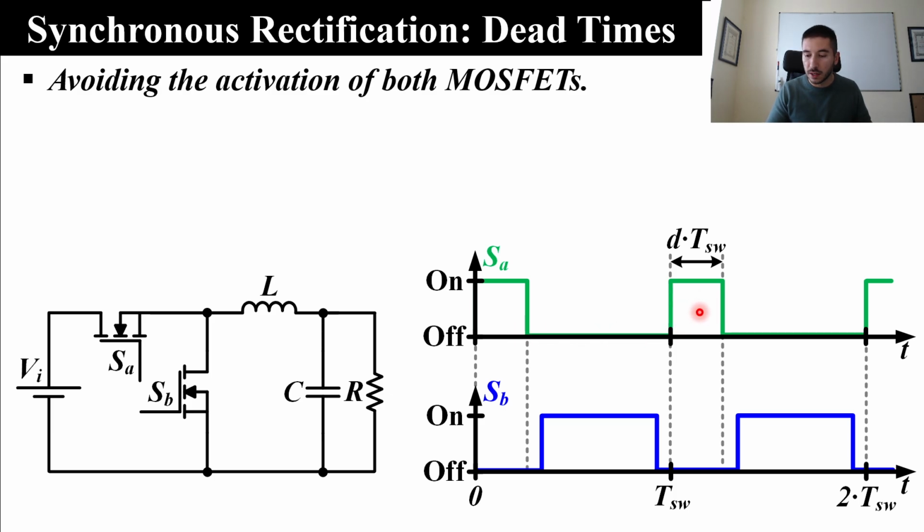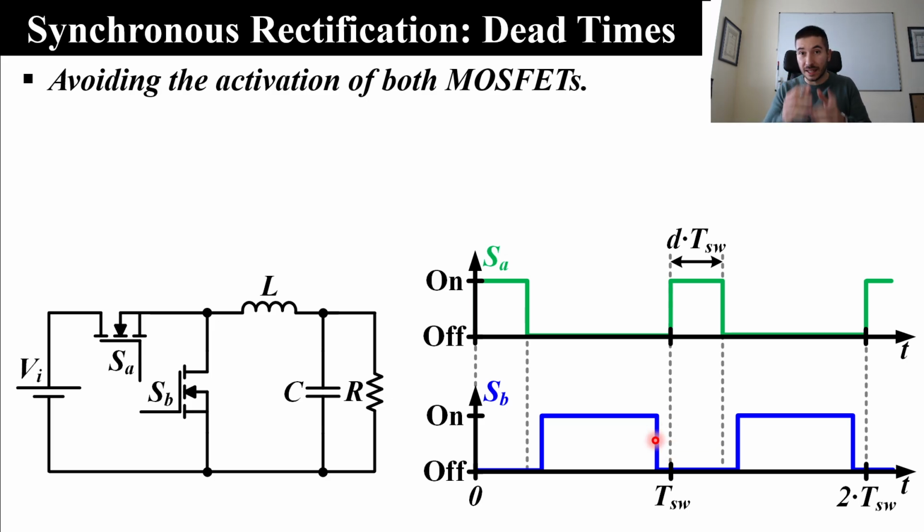We have a pulse width of D times the switching period. In the second case, we see the control signal of the second MOSFET. Ideally, when we turn off the main MOSFET here, we turn on the second MOSFET here. And when we turn on the main MOSFET here, we turn off the second MOSFET here.